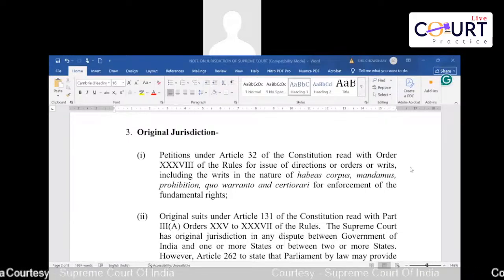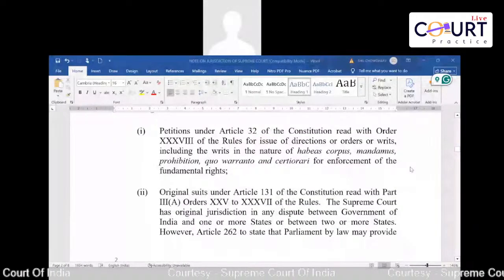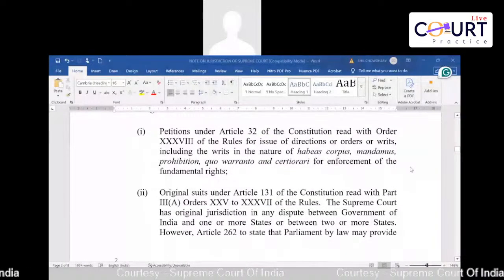The first jurisdiction we discussed is Article 32. Then item 2 deals with original suits under Article 131 of the Constitution, and the relevant orders are 25 to 37. The Supreme Court has original jurisdiction in any dispute between the Union of India, that is the Government of India, and one or more states, or between two or more states.